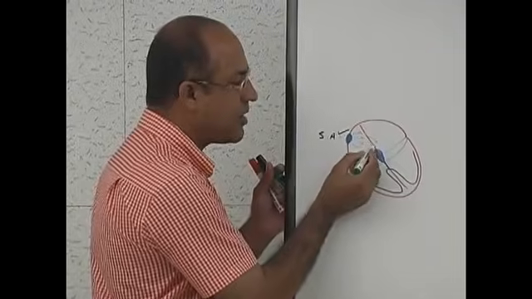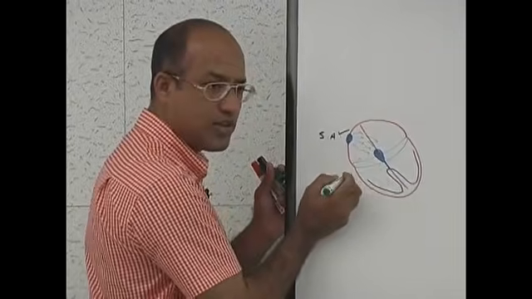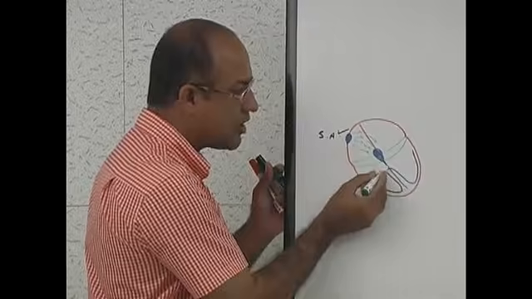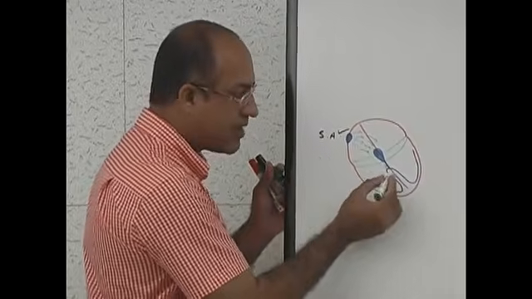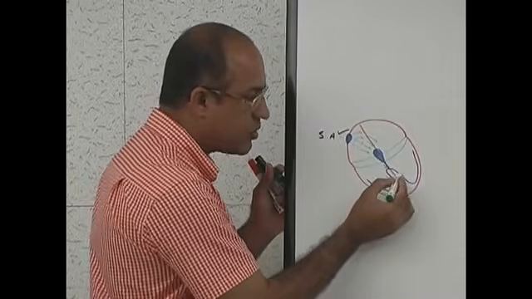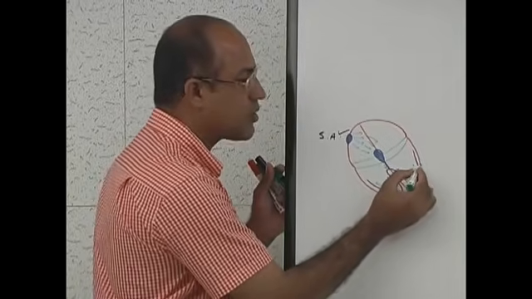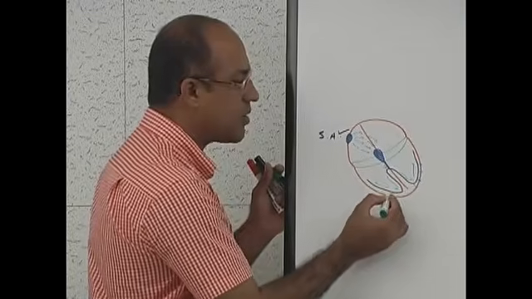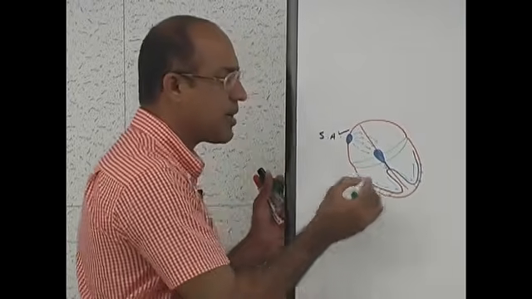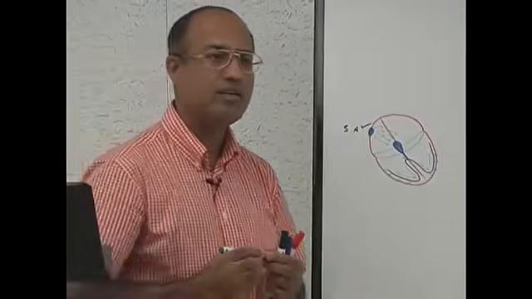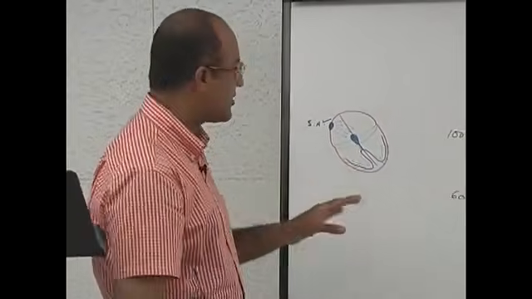From the atrium, depolarization should come to the AV node. Then from the AV node, it should come to the bundle of His, and then current should pass through the bundle branches, and eventually through the Purkinje system, current should go to the final fibers which supply the ventricular myocardial cells.